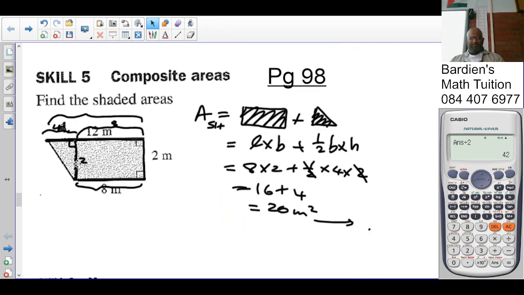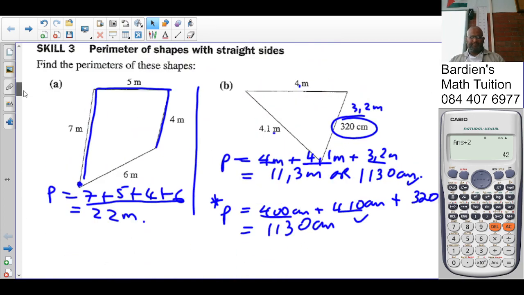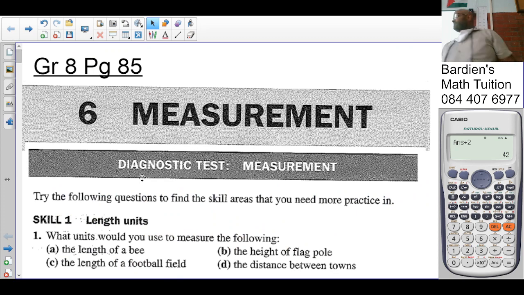Okay, so the measurement was skill, okay, odd numbers.